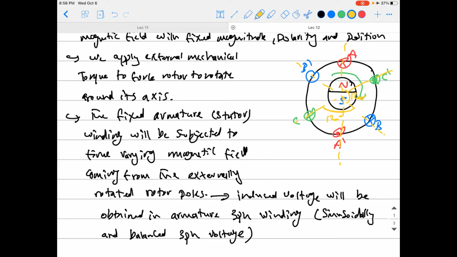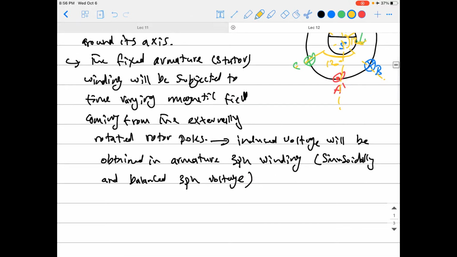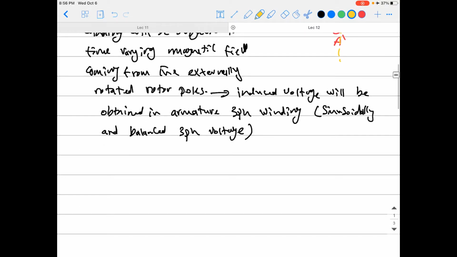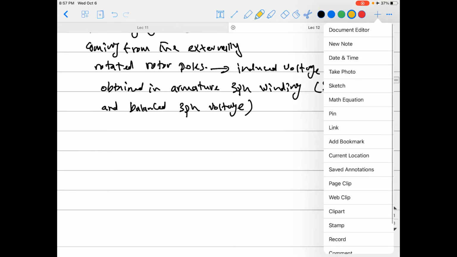They are all identical physically, the number of turns is the same, they use the same size of wires, everything, so they're just three identical windings with 120 degrees phase shift. That will give you three sinusoidal voltages that are balanced. Okay, guys? So you have balanced three-phase voltages.